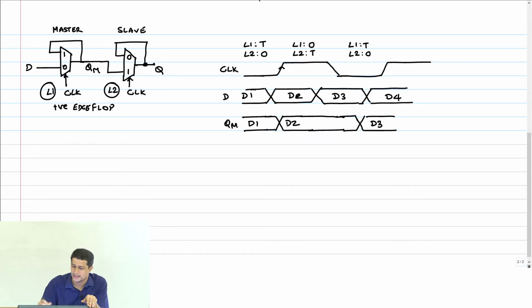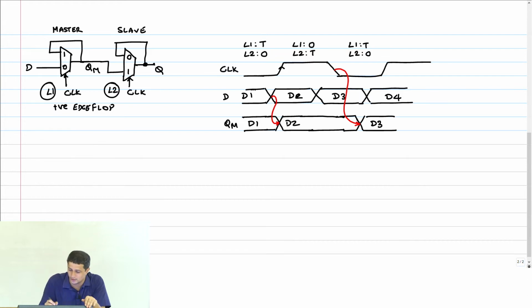Right? And there are obvious things where if D1 changes here, this is the transition that's triggering the change in QM, right? Because L1 is transparent, change in D goes out to QM. On the other hand, when the clock goes low, that's when L1 becomes transparent, and therefore this is the thing that will trigger a transition to D3, right?